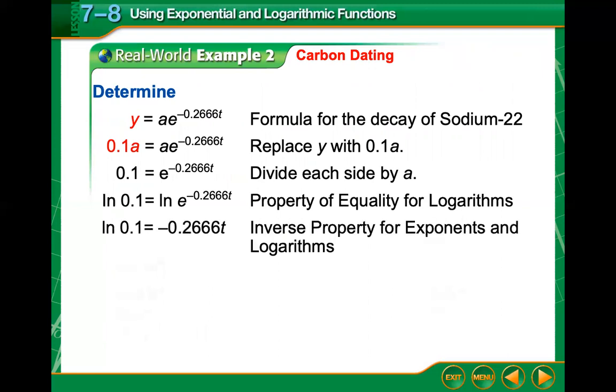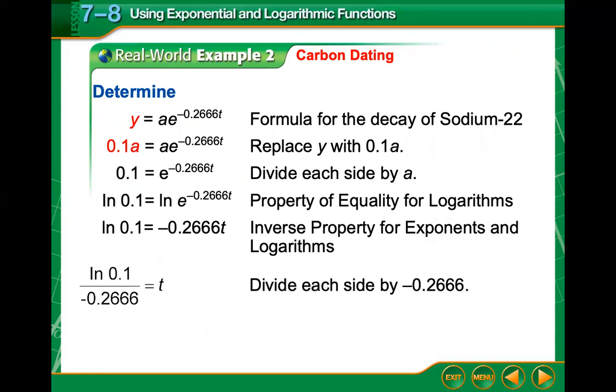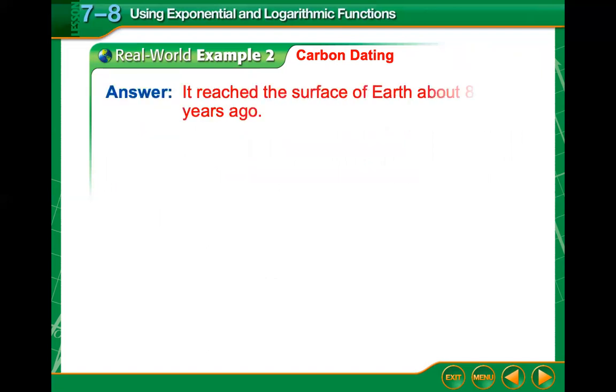So we're going to rewrite this in natural log form and get natural log of 0.1 is equal to negative 0.2666t. So we're going to divide, and then using the calculator, we get 8.64, so about 8.6 years ago. Doesn't seem that long.